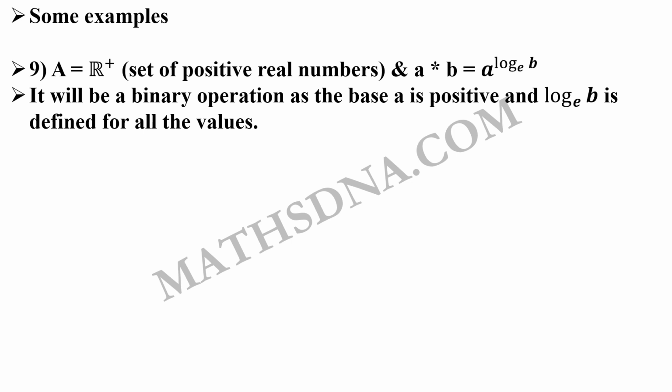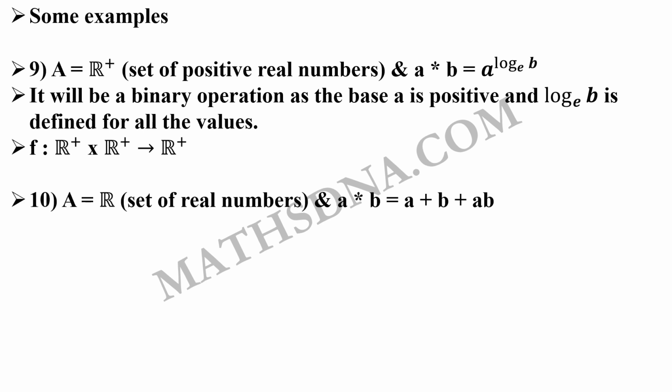Yes, it can be 1 upon A, it can be an inverse, but still it will be a positive real number, because if we take b as 1 upon e, then it will give you A raised to minus 1, but still A raised to minus 1 will be 1 upon A, and that will again be a real positive number. So hence it is a binary operation from R plus cross R plus to R plus.